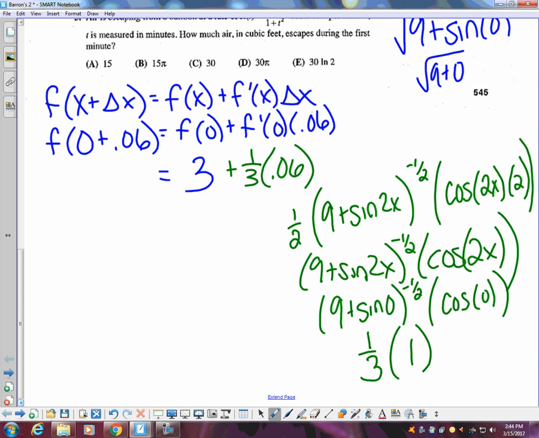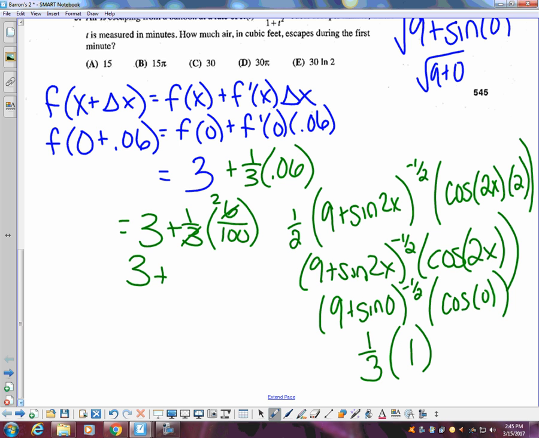times 0.06. Then you grab your handy dandy calculator. This is calculator inactive. 3 plus 1/3 times, write that as a fraction, 6 over 100. So 3 plus 1/50th.